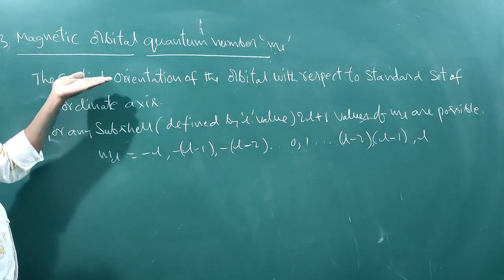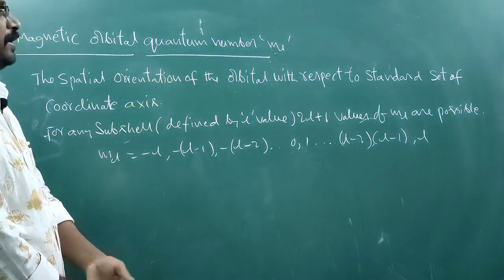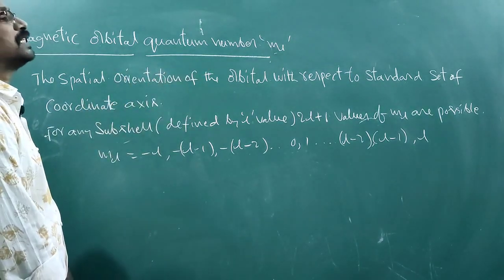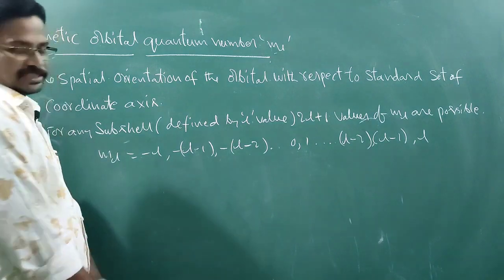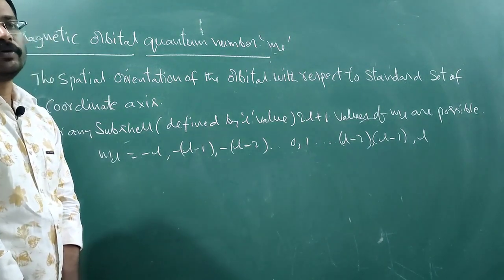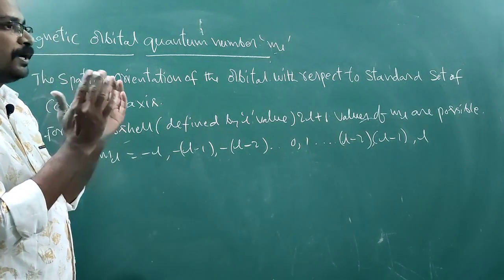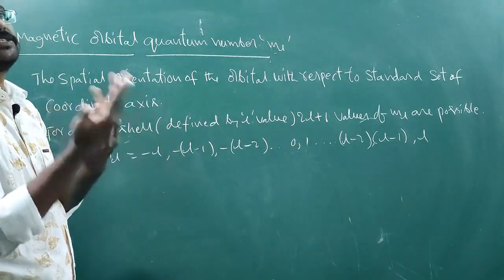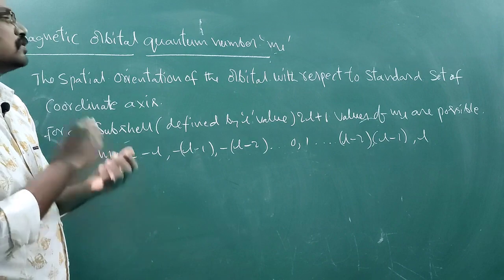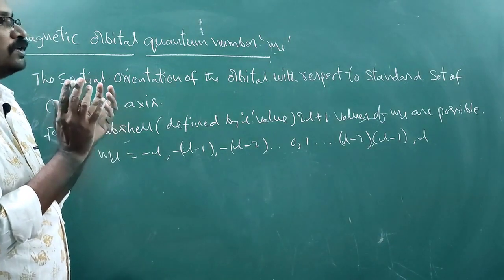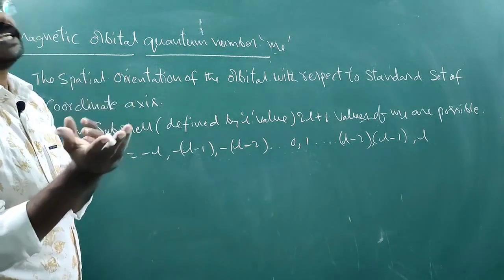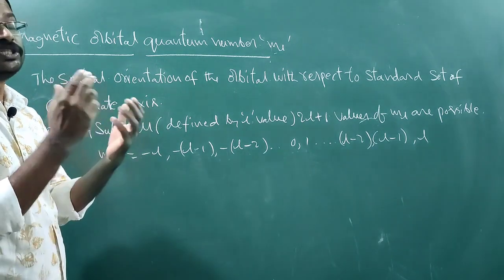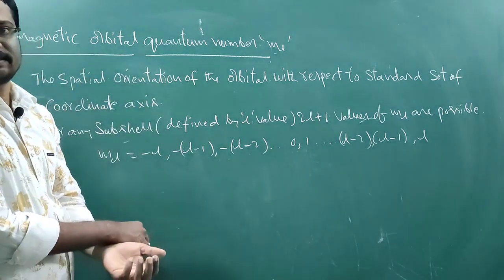It says the spatial orientation of the orbital with respect to the standard set of coordinate axes. We know the orbital's orientation with respect to the x-axis, y-axis, and z-axis. So, in which direction is the orbital oriented?